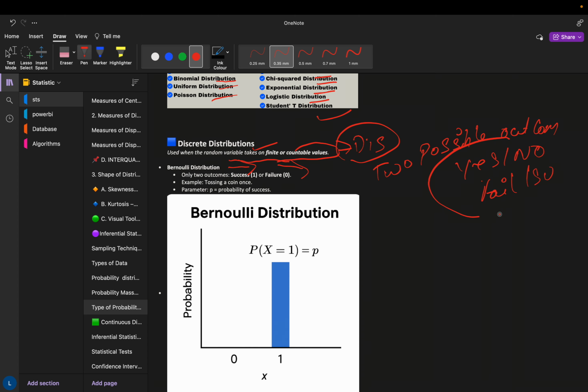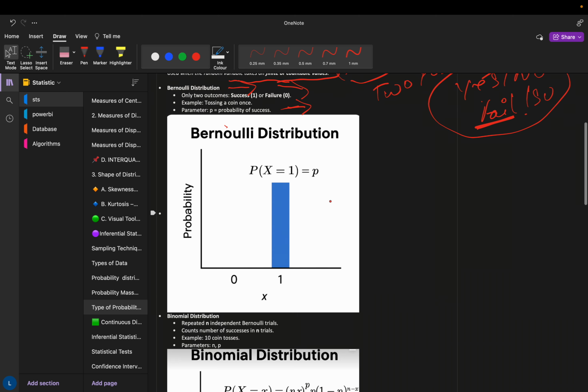When we have two outputs, normally in classification also we have two classes, right? In such a situation we normally use a Bernoulli distribution. For example, tossing a coin, there is a possibility of two outputs, whether it can be head or tail.